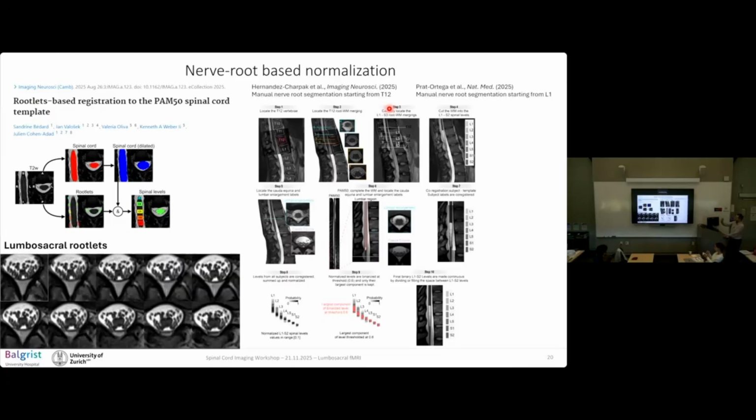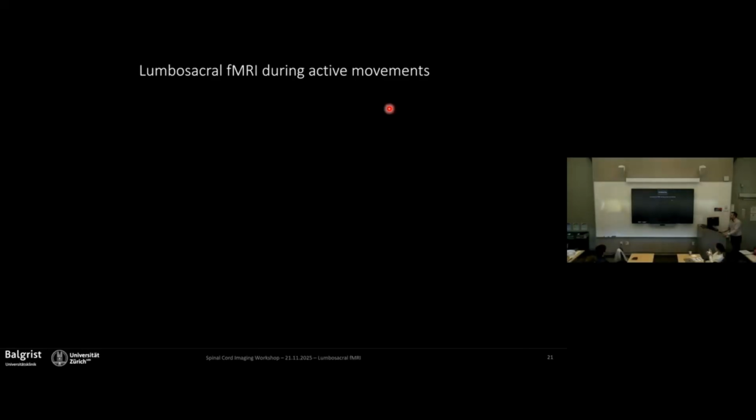They track the rootlet all the way back to the spinal cord, which is then the T12 spinal level. And then they know that the next rootlet that exits the spinal cord must be L1, and so on. But the point is that it's not very easy. Depending on the data quality, it would not even be possible for every rootlet and for every subject.